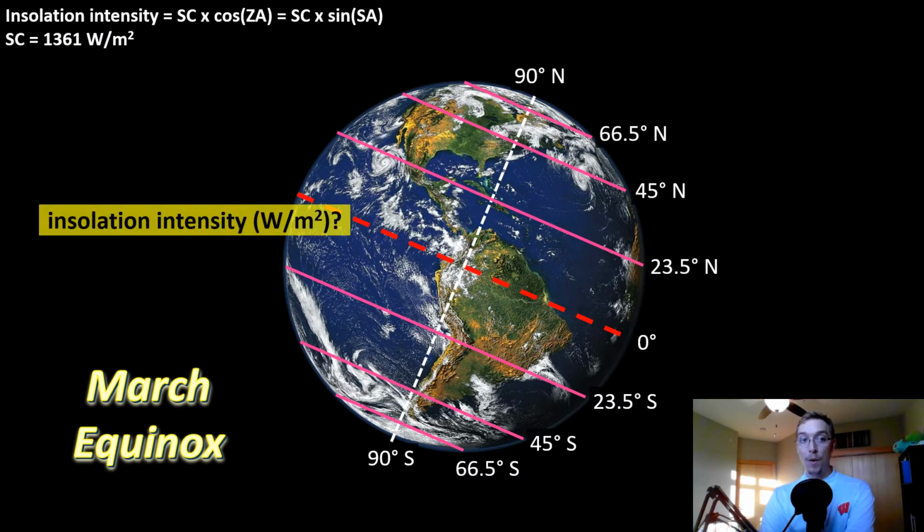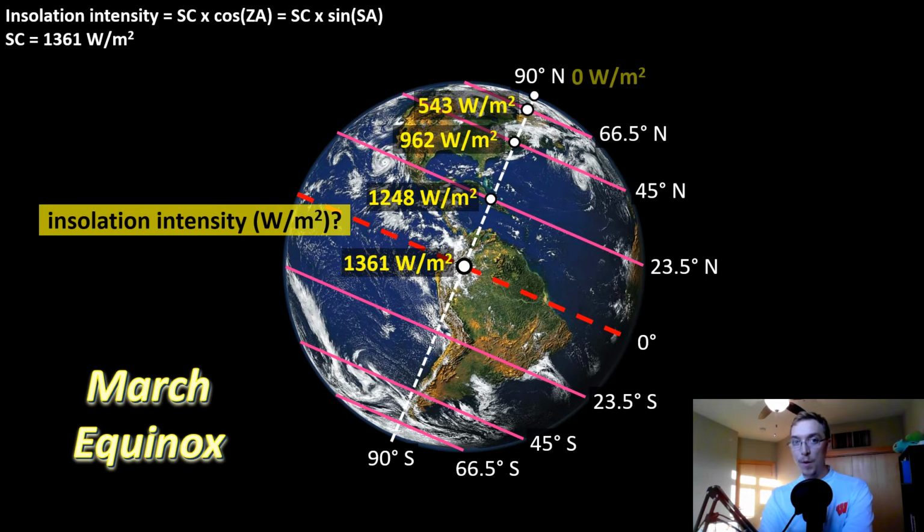So now let's think about our insolation intensity again. Start here, 13.61 watts per meter squared, right? That's when it is a 90-degree angle to our equator. If we step up to 23.5 degrees north, 1248 watts per meter squared, 962 watts per meter squared, 543 watts per meter squared, and 0 watts per meter squared.